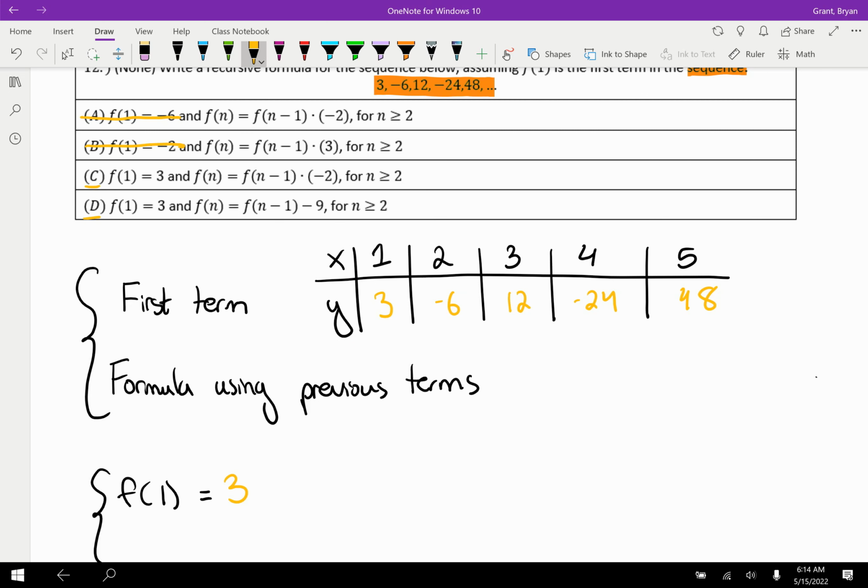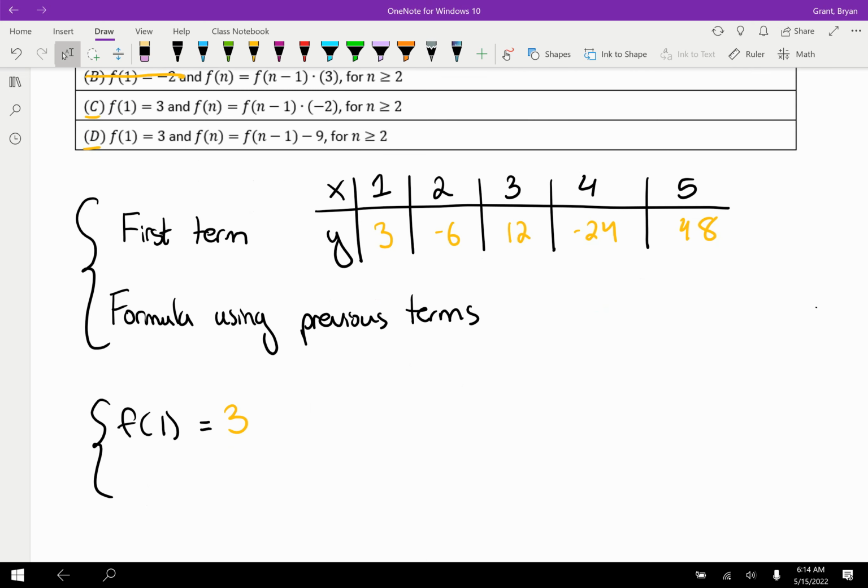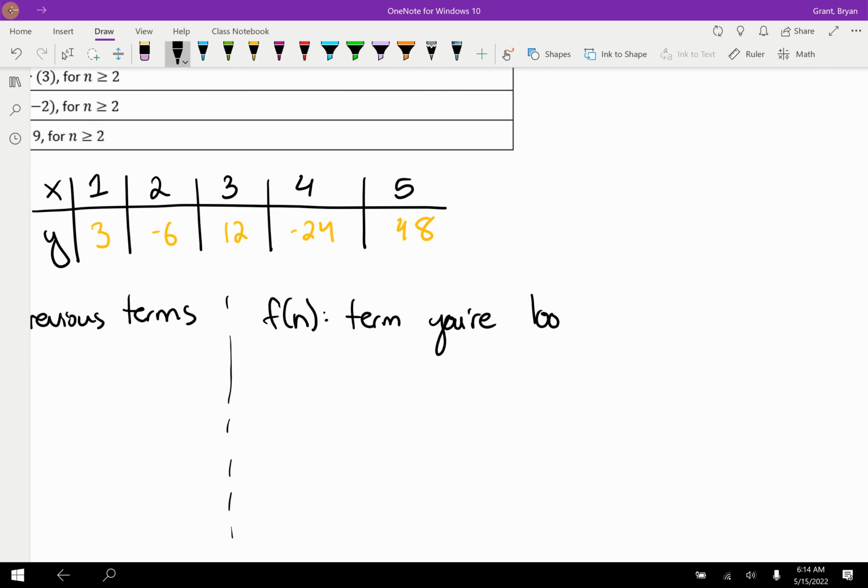The second part to this recursive formula notation is what they are going to give us, and we're going to need to know a little bit of vocabulary here, but it's not too much. F of n is the term you're looking for.